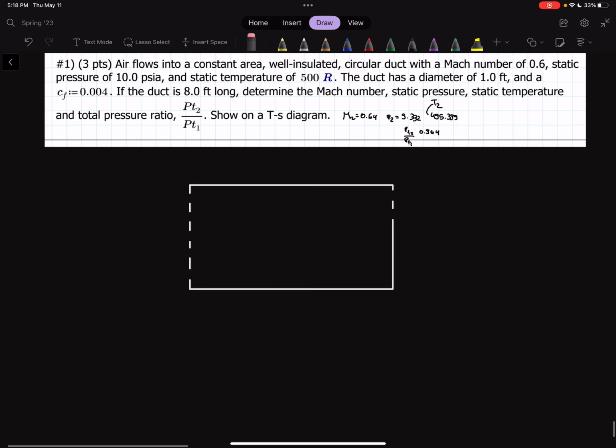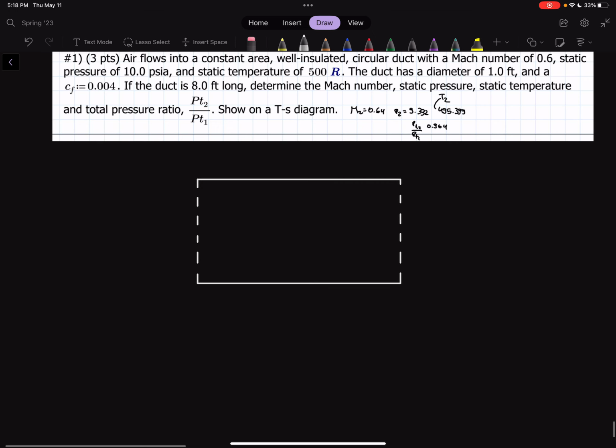And so they're telling me that the diameter D, this length right here, that this diameter is, well, it's the whole thing.